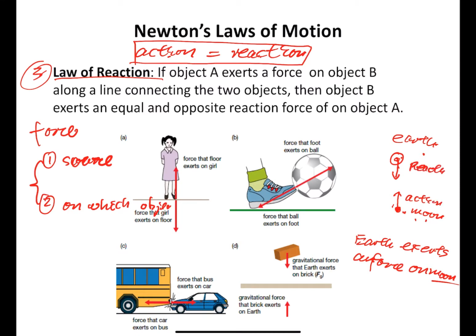They are acting on different objects. Of course, you can say this is action and this is reaction, the same. It doesn't matter which is action, which is reaction. It's just a name. All we know is the forces appearing between two objects are always a pair.